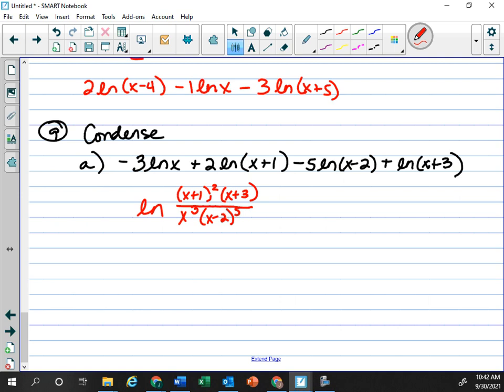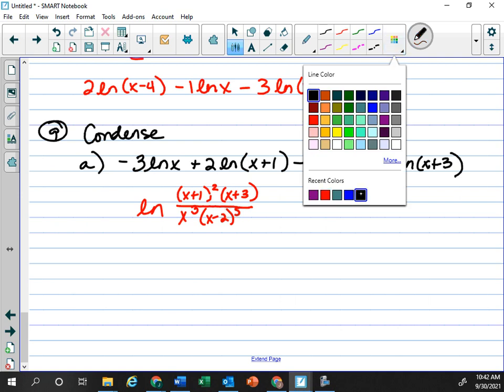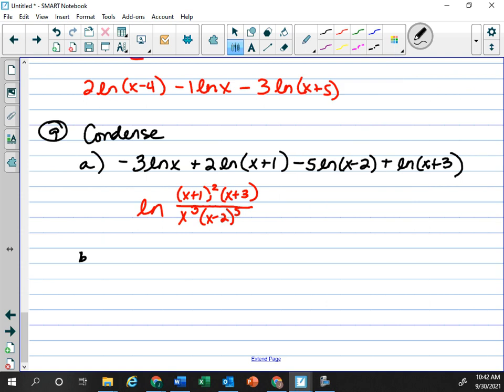All right, let's try another one. -2 natural log of x plus 5.